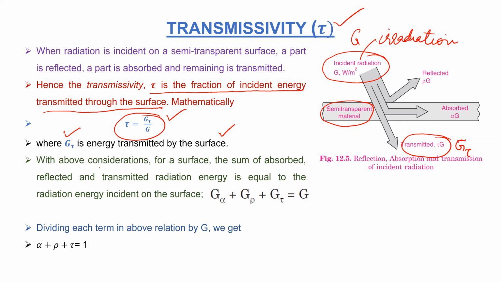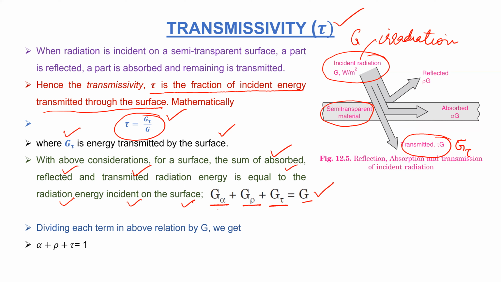When we consider all these reflection, absorption, and transmission for a surface, the sum of absorbed, reflected, and transmitted radiation energy is equal to the radiation energy incident on the surface. What is incident on the surface? It is G, and it is consumed like this: this part is absorbed, this is reflected, and this is transmitted.